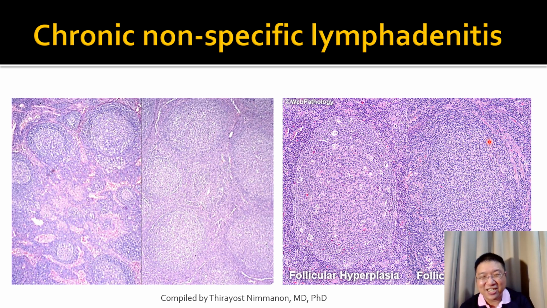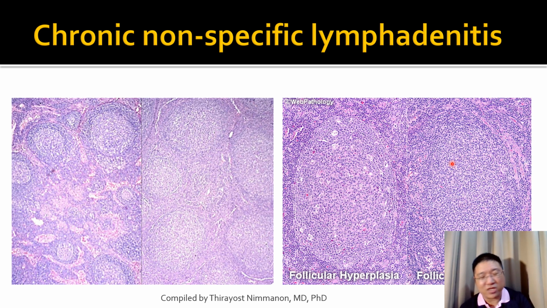As a teaser, we don't observe tingible body macrophages because the pathogenesis of follicular lymphoma is increased production of BCL2. BCL2 blocks the apoptotic process, so the cells never die.